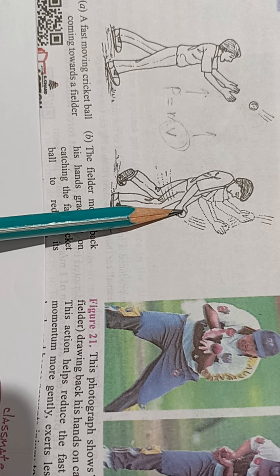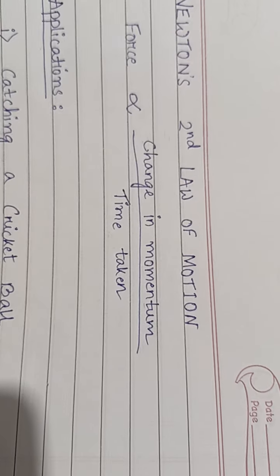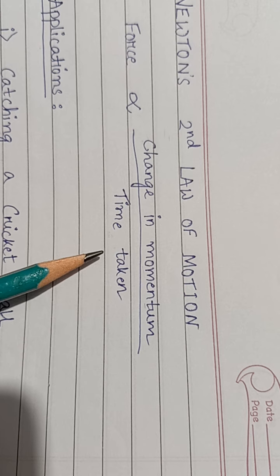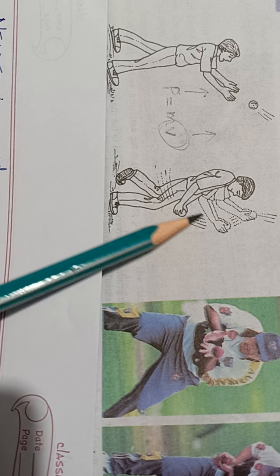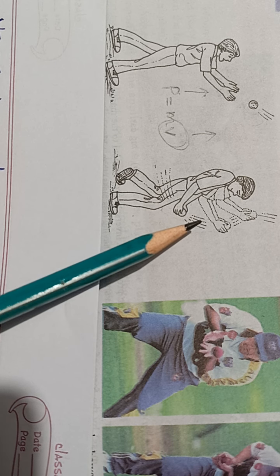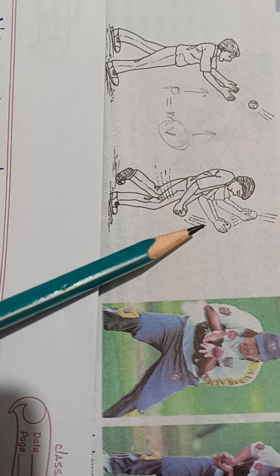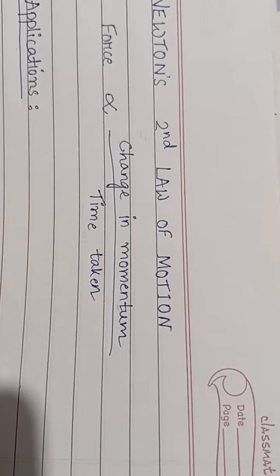If time increases, force decreases, because Newton's second law tells us force is inversely proportional to time. So when the fielder moves his hand from this position to this position, it takes time. Time increases. That means the rate of change of momentum decreases, and also the force decreases.